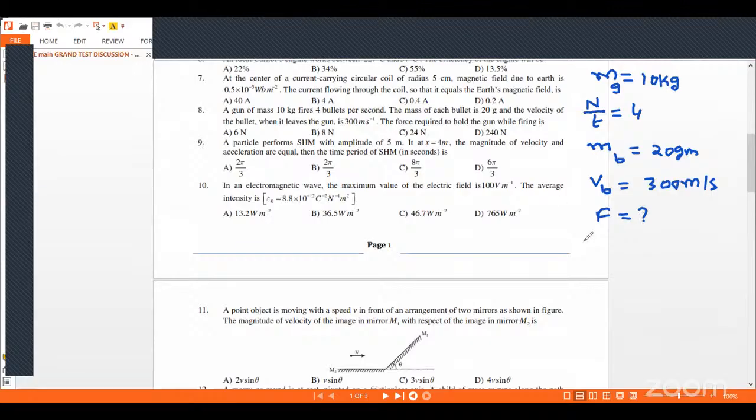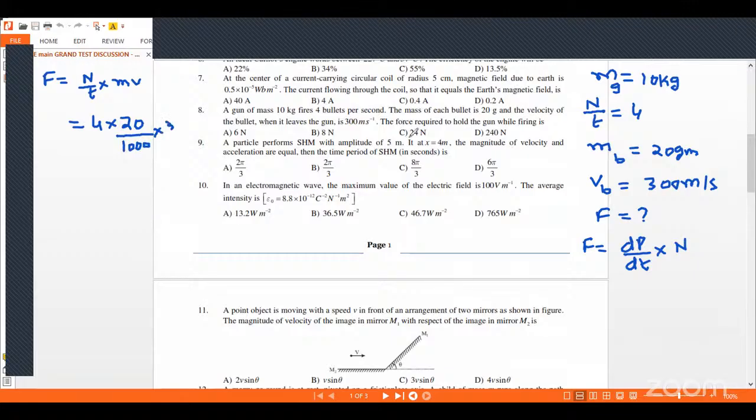Force means dP by dt for one bullet. For n number of bullets, F equal to n by t into mv. So n by t is 4, and mass of each bullet is 20 grams, so 20 by 1000, into velocity of bullet.